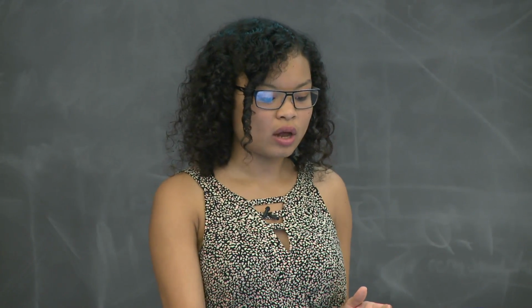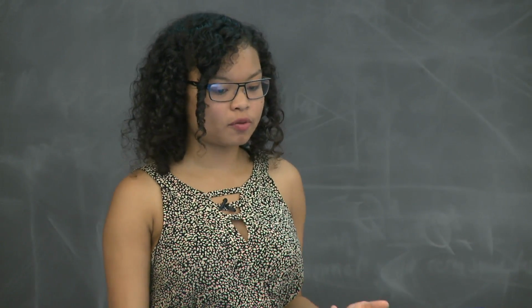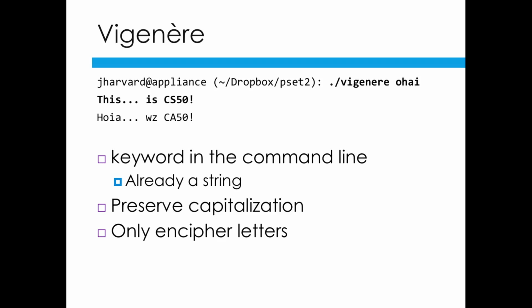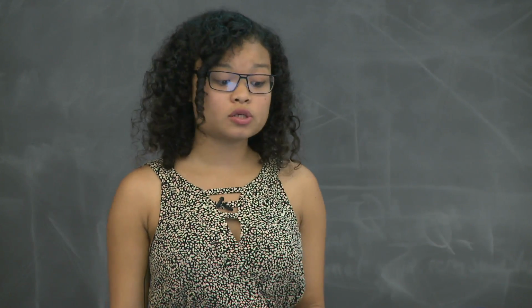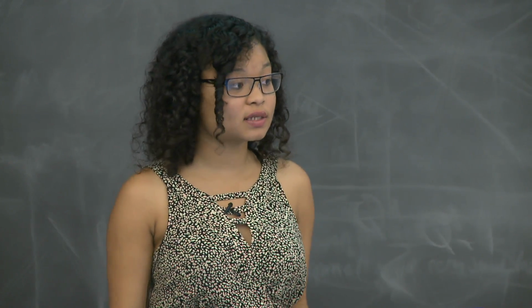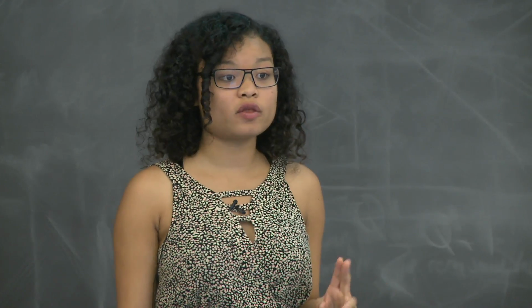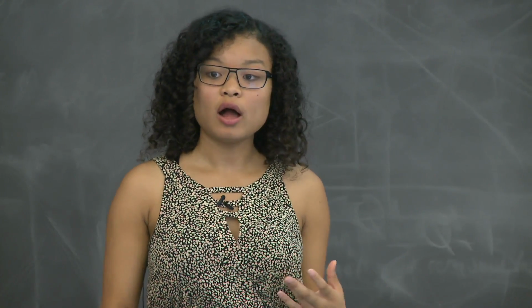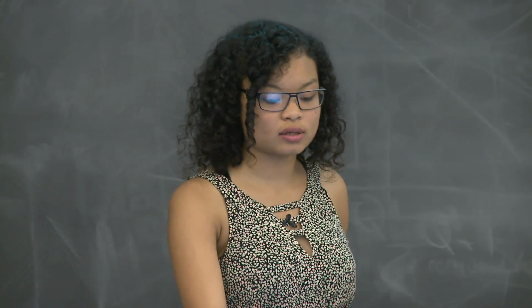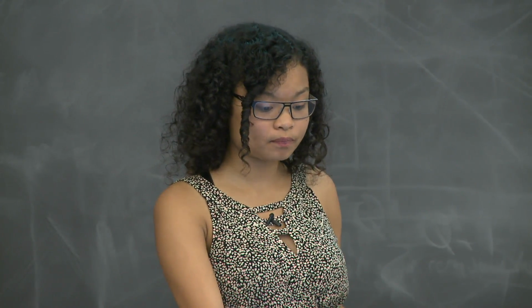So basically, if you run your program with a keyword of, say, "ohhi", then every time, "ohhi" is going to be your shift. Depending on what position you are in your keyword, you're going to shift your certain plaintext character by that amount. Again, just like Caesar, we want to make sure that we preserve the capitalization of things and we only encipher letters, not characters or spaces. So look back to Caesar at the functions that you may have used, the way that you decided how to shift things, and apply that to your program here.